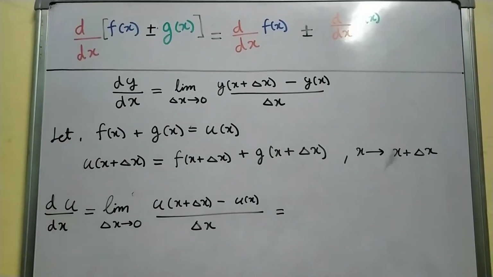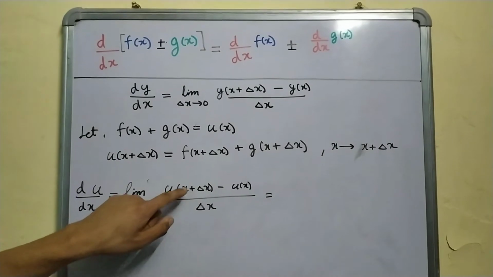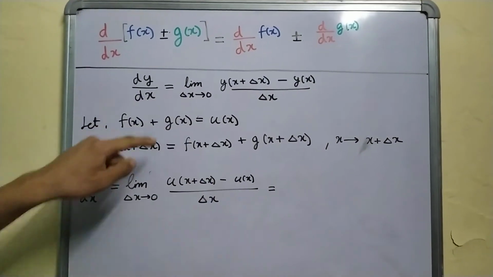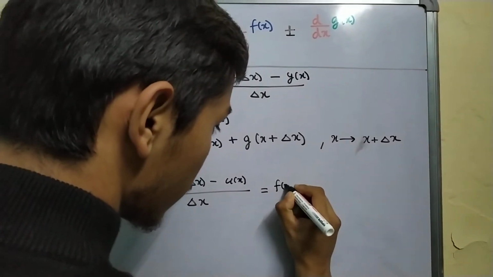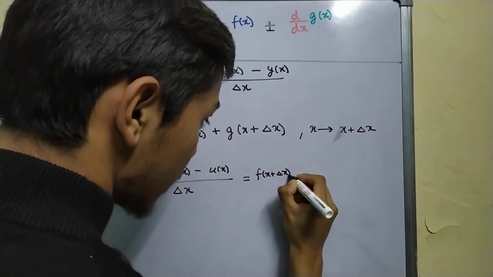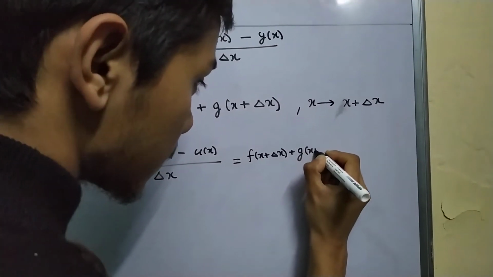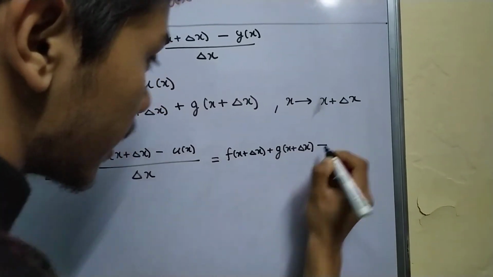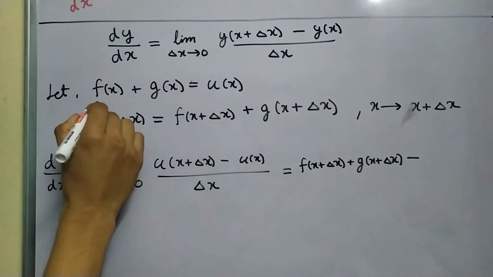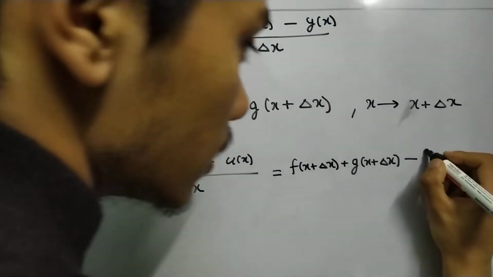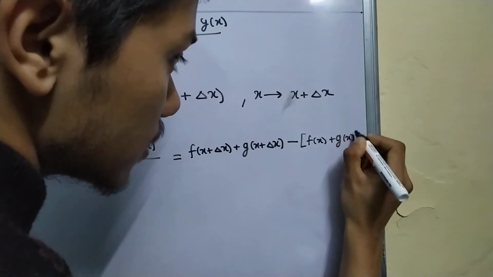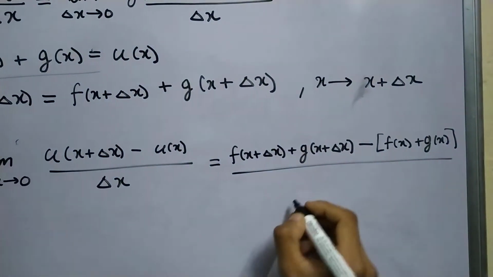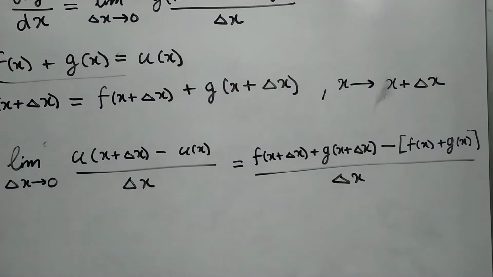Now we will just be using these two results right here. u of x plus delta x is f of x plus delta x plus g of x plus delta x, minus u of x, and u of x, this is how we defined it, will be f of x plus g of x. Okay, and the whole thing divided by delta x.